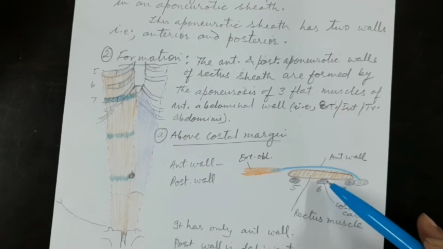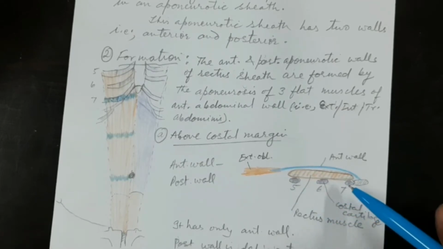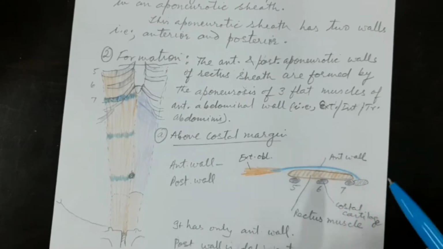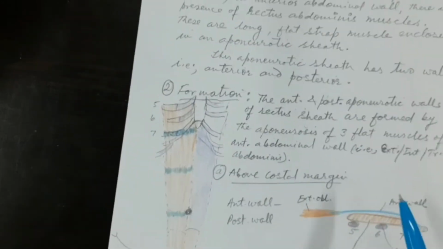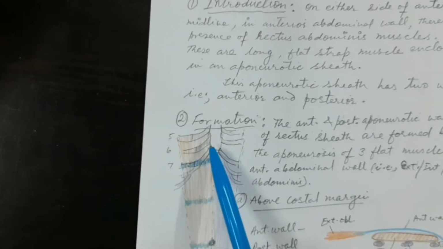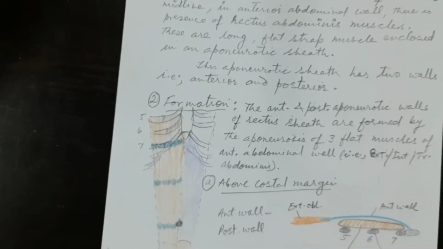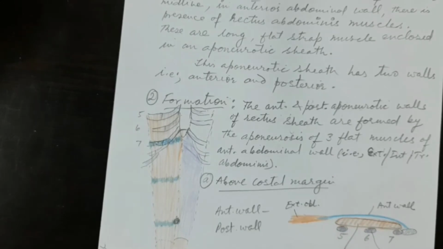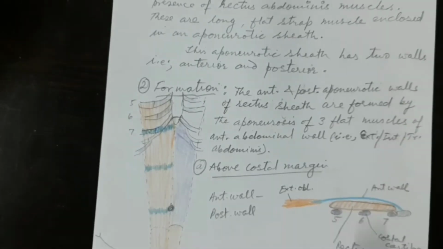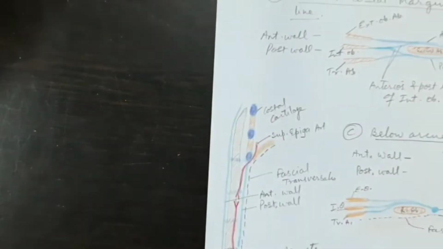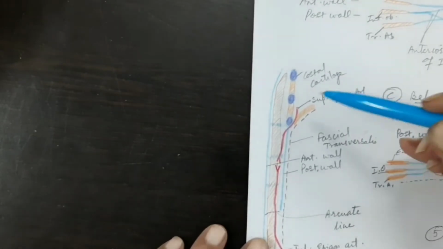But here above the costal margin, the posterior wall is deficient, which means it is not present. I hope this simple diagram shows how the muscle is lying on the costal cartilage, covered only by the external oblique abdominis aponeurosis, which forms the anterior wall of the sheath.